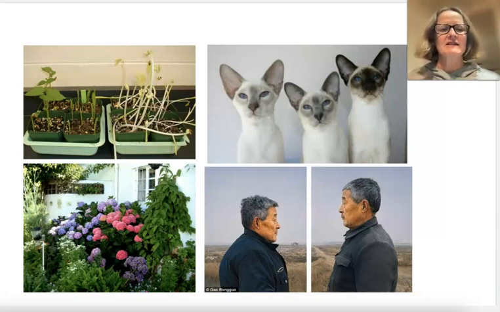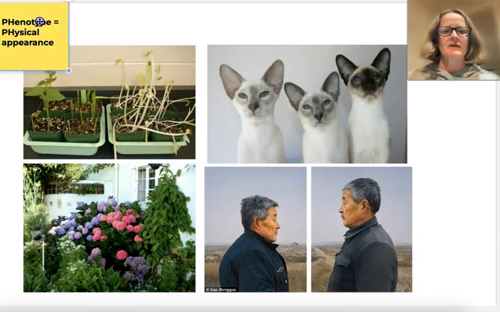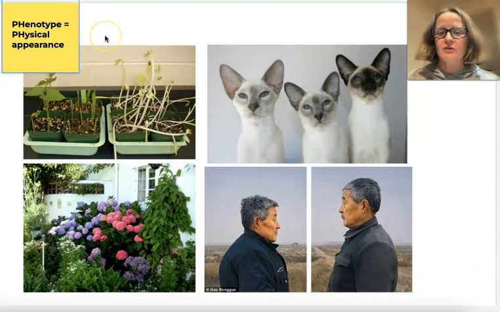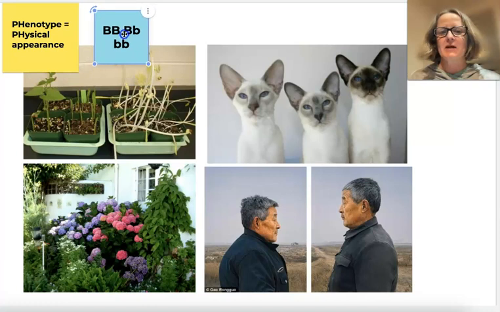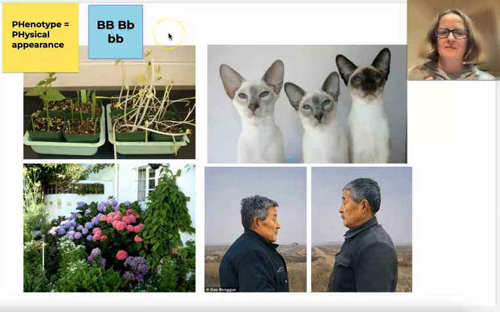In this video, we're going to look at the environmental effects on phenotype. Now, remember that phenotype is about the physical appearance in an organism, and we already know that genotype has a big effect. And when we're talking about genotype, we're talking about the makeup of the alleles. So things like having a dominant allele, like a big B, might mean something is brown.